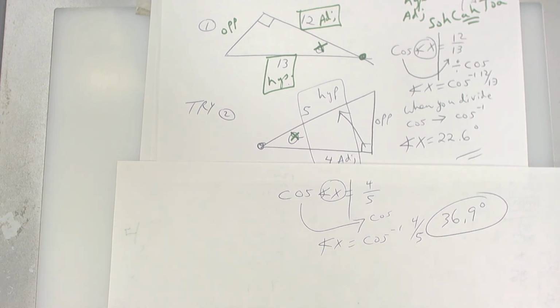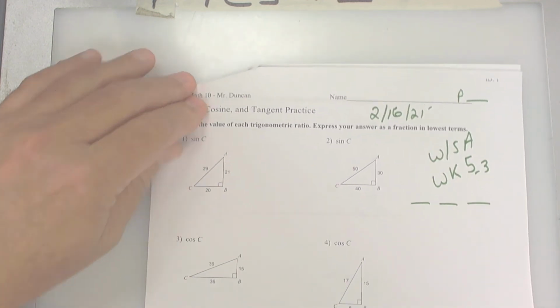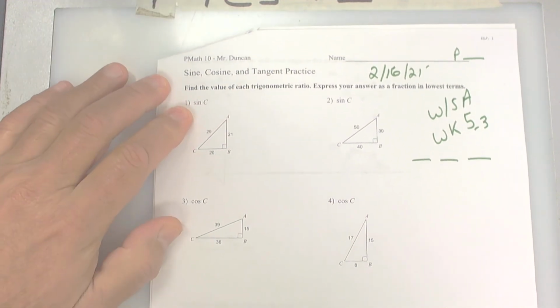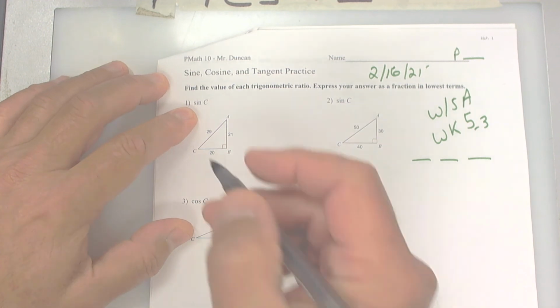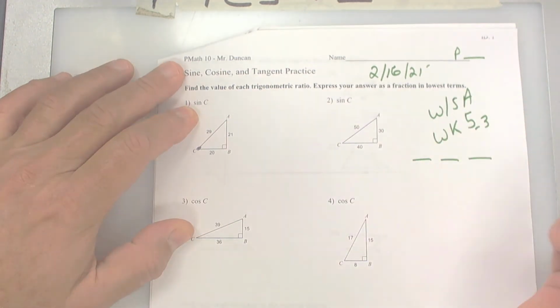All right, so let's see what's the work for today. Today, you're going to have a worksheet. And here's what I want you to do, so watch carefully. Okay? On the front side, it says the sine of angle C. So put a dot by the C, and then write down your trig function.